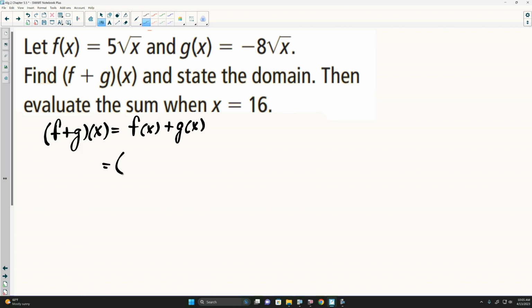Well, they've told us f of x for this one is 5 square root of x, and g of x is negative 8 square root of x.